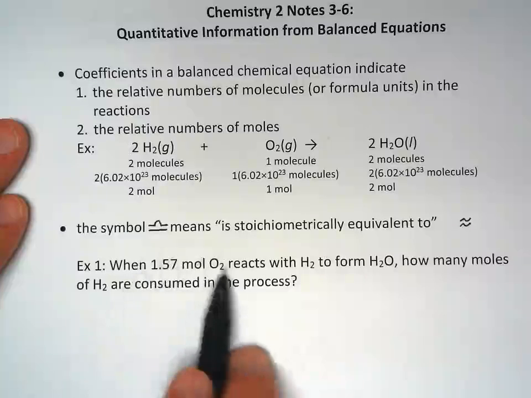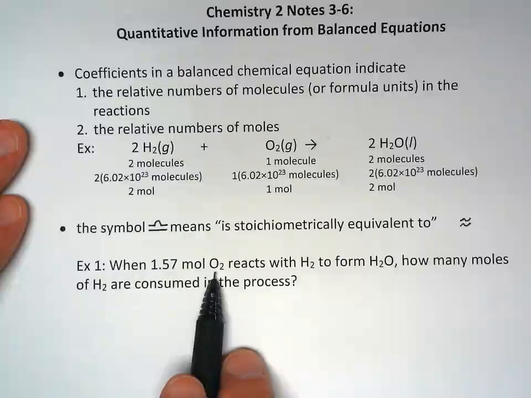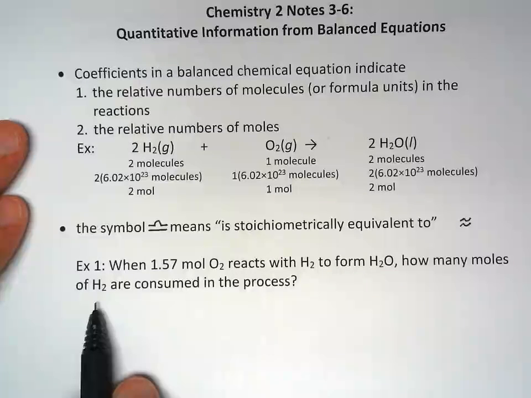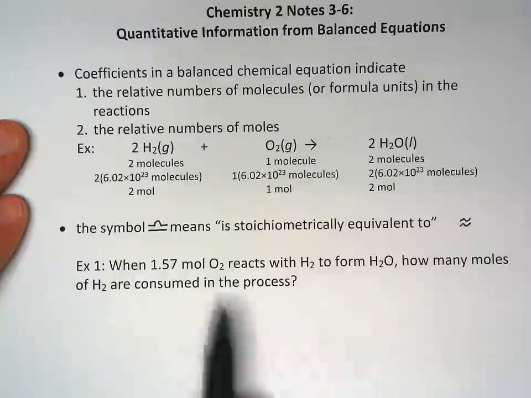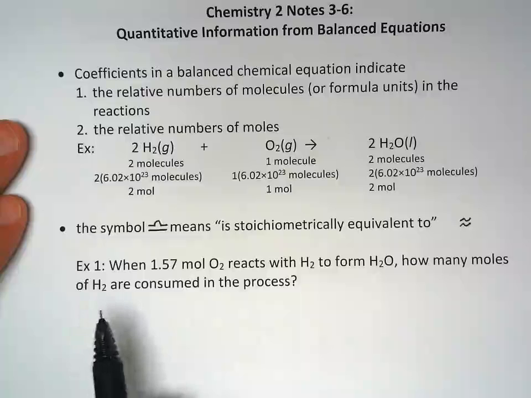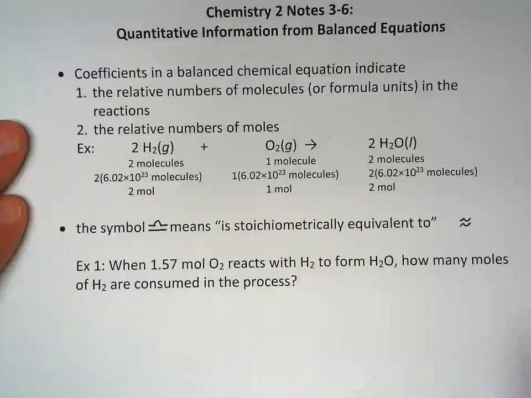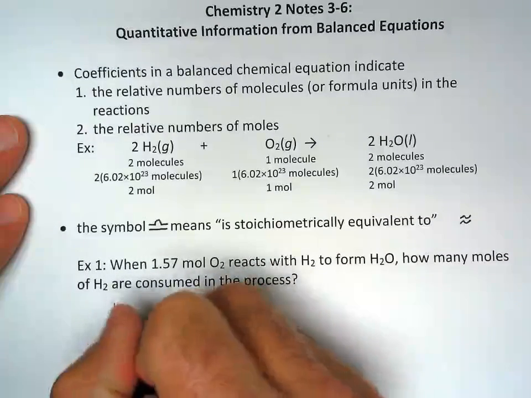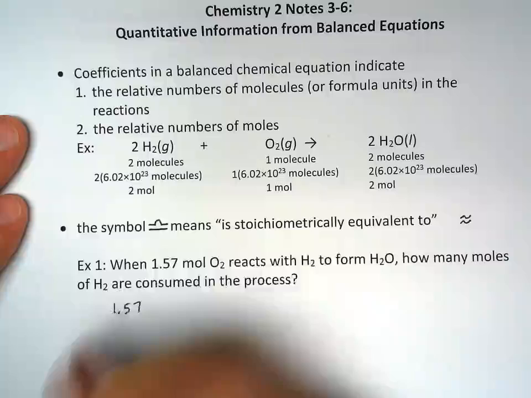We've got moles of O2, and the question is, how many moles of H2? Because it's a different substance, we have to convert from moles of one substance to moles of another. In this case, we're already in moles, so we just start off with 1.57 moles of O2.